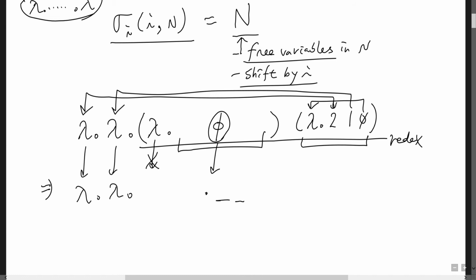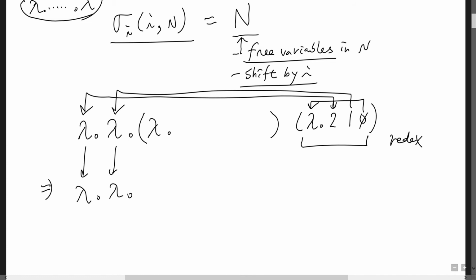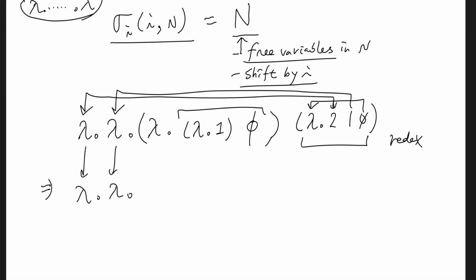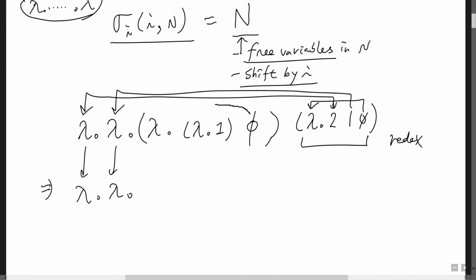Now let's consider another example where now this time we have in addition to this the Brown index 0, this is the body, we have an inner smaller lambda abstraction lambda 1. So this points to this lambda binder, and because of this lambda binder, now 1 points to this lambda binder.